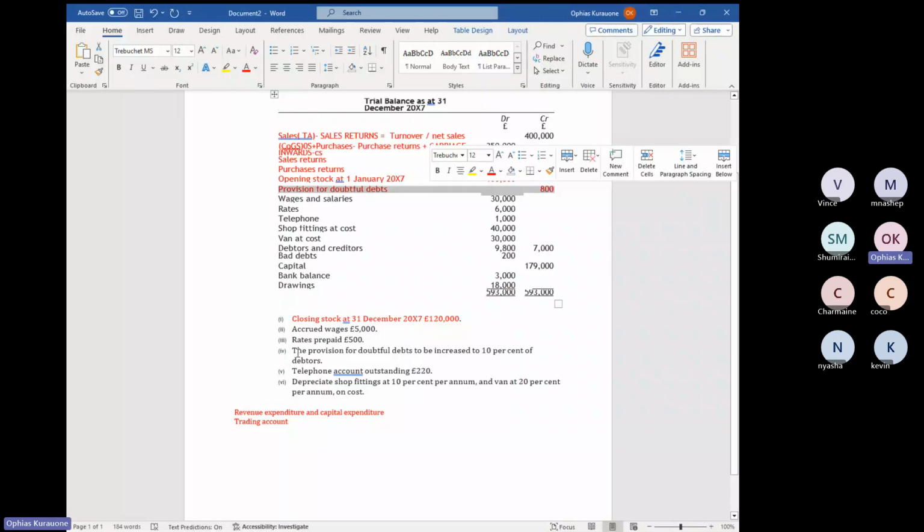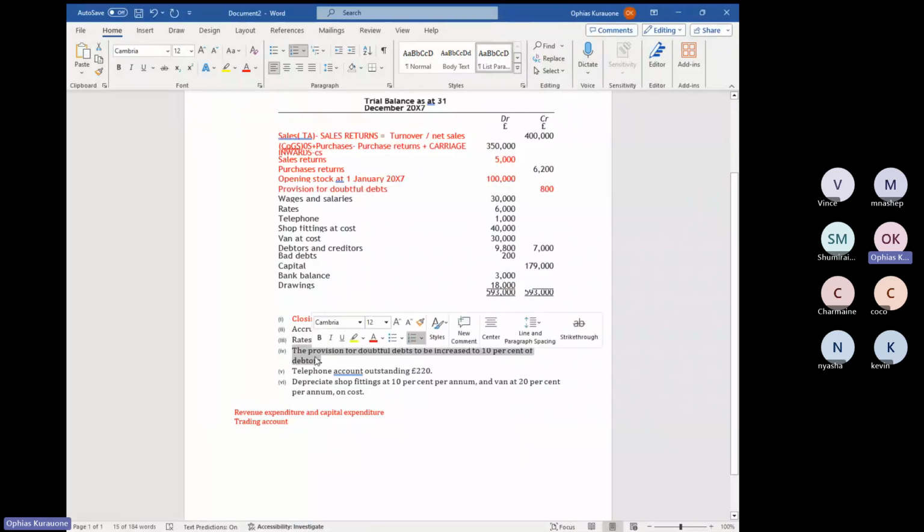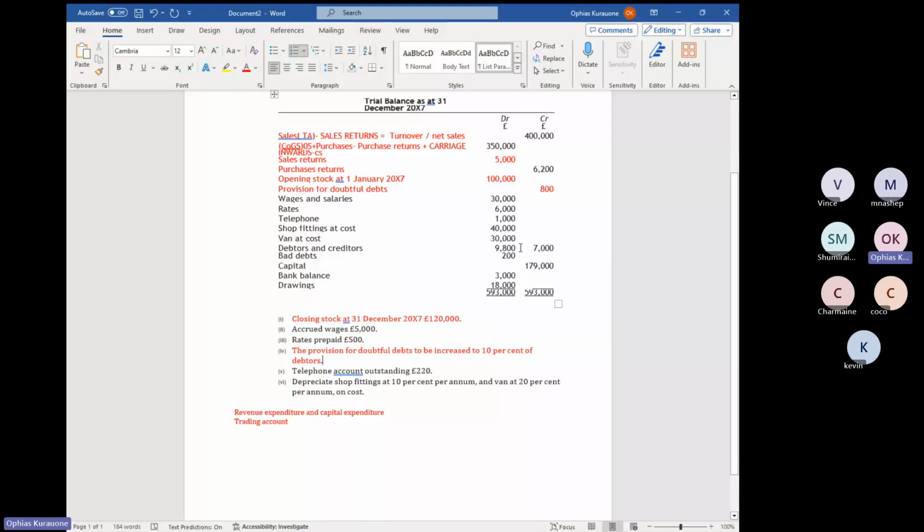The additional information says the provision now for doubtful debts is to be increased to 10% of debtors. So we look at our debtors. Debtors are on the debit balance on the trial balance, which means the debtors are 9,800 here.